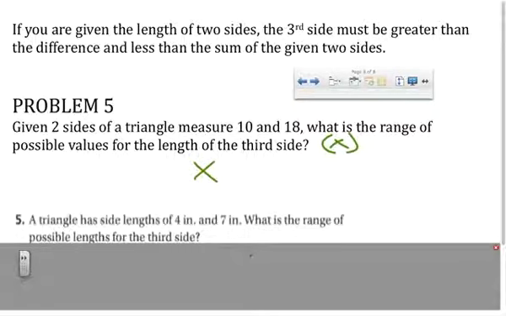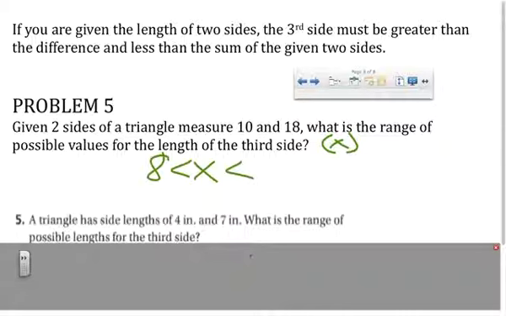This is what I mean. X has to be greater than some number that we'll figure out, and it has to be less than some number that we have to figure out. It has to be greater than, according to that, the difference. So what's the difference? 8. And it has to be less than the sum.